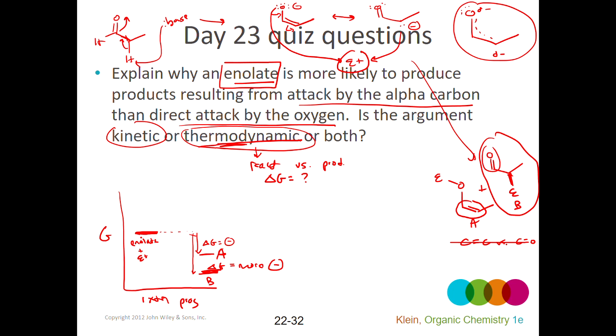To discuss the kinetics, as I was saying before, sometimes students have an instinct to describe the different resonance contributors at different energies. And if one resonance contributor is at a higher energy, it doesn't take as much energy for it to get to the transition state. But that's not a good argument here because these don't exist.